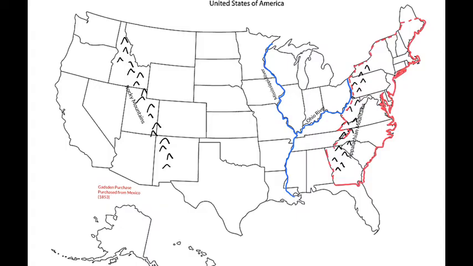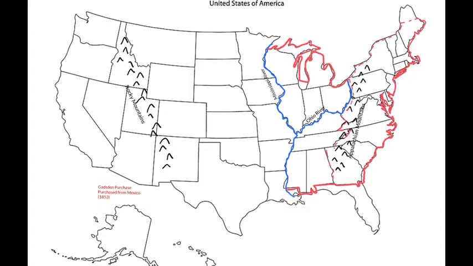Then you'll go ahead and this area is going to be labeled as the original 13 colonies. And we're going to outline this other area that we gained as a result of our winning the American Revolution. And like I've said, mine is not super pretty, so yours will be much nicer than mine is.